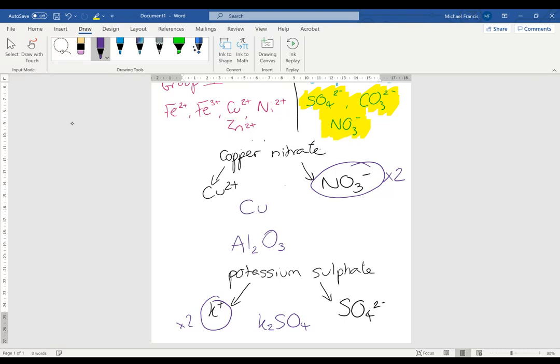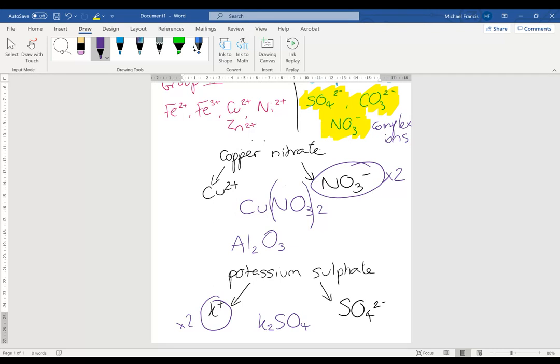Okay, now if I write it like this, that could potentially be confusing because it looks like I've written 1 copper, 1 nitrogen, and 32 oxygens because of the way it's spaced out. So if you get a complex ion, one of these highlighted 3, these are called complex ions because they've got more than one element in them. The complex ions have to be in brackets so that you can show that everything in the brackets is times by 2.